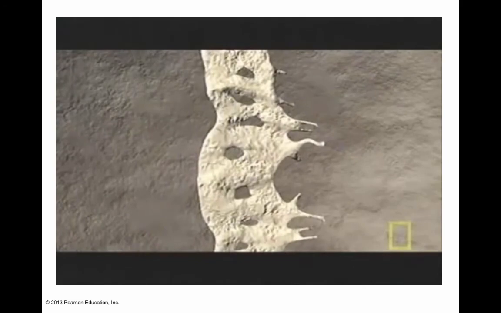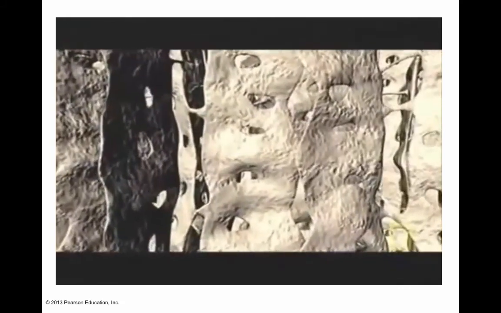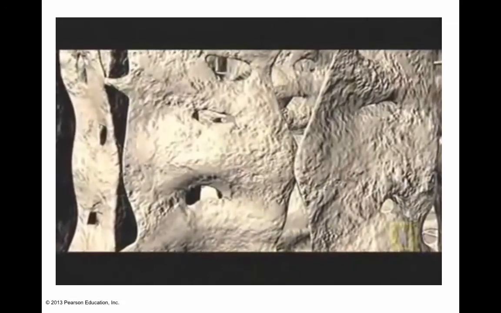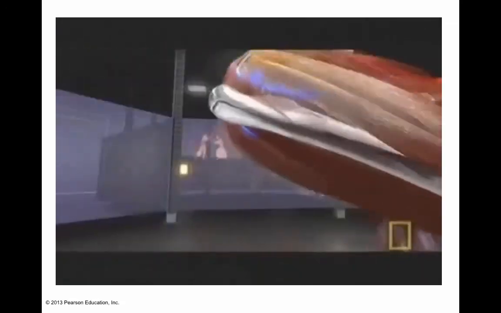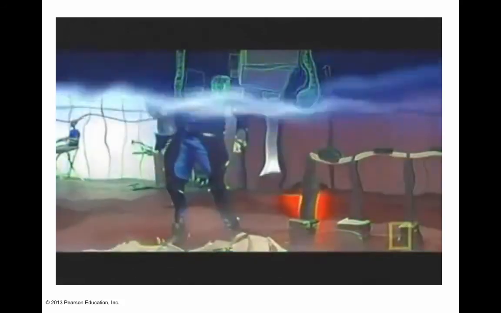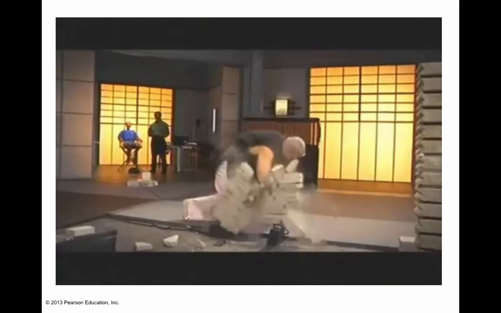The bones become denser, harder, more durable. Ancient martial artists knew the secret of Wolff's Law long before modern science. For centuries, they've trained by breaking boards, striking sand, iron, stone. That which does not kill you really does make you stronger.